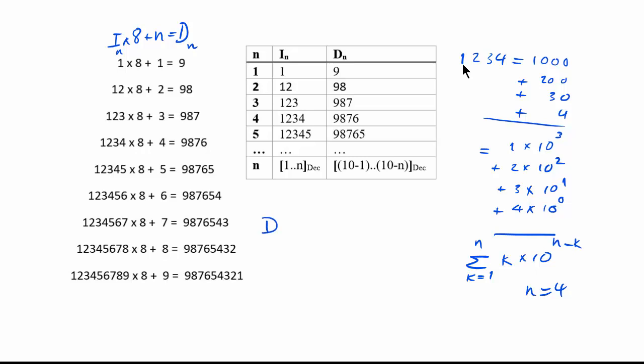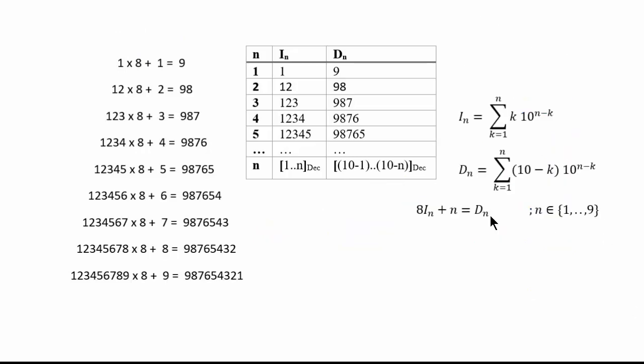Similarly, we can write Dn as the sum from k equals 1 to n of 10 minus k times 10 raised to the power of n minus k. So let's sum it up.